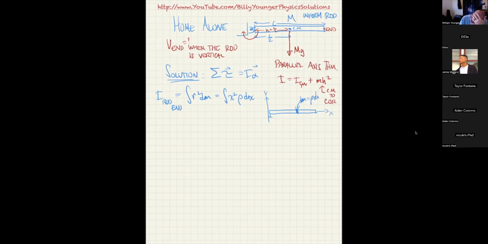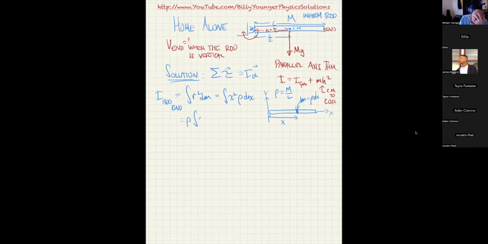And then clearly this distance from here to here is just x. Now the rho in this case is just going to be the mass of the rod divided by the length L. In other words, we're actually not using rho, we're using what we normally call lambda, and that's just fine, okay?